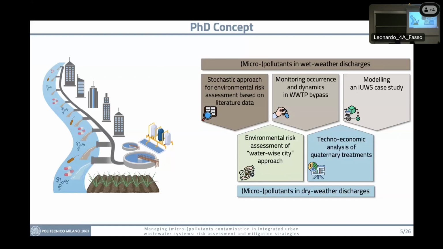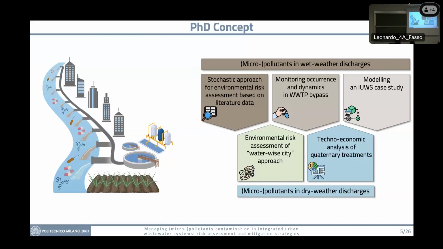In the end, on the same case study, we realized a model of the entire sewer system and bypass, CSOs, and wastewater treatment plant in order to assess what is the overall risk caused by an integrated system.